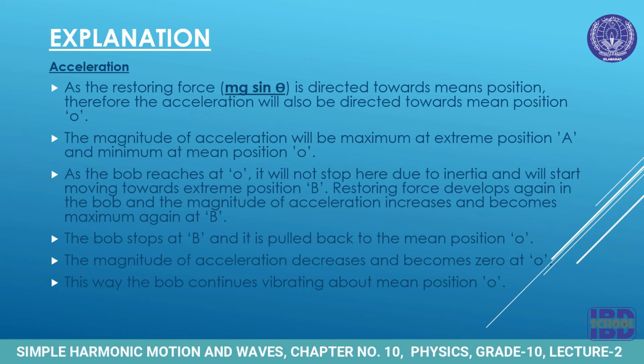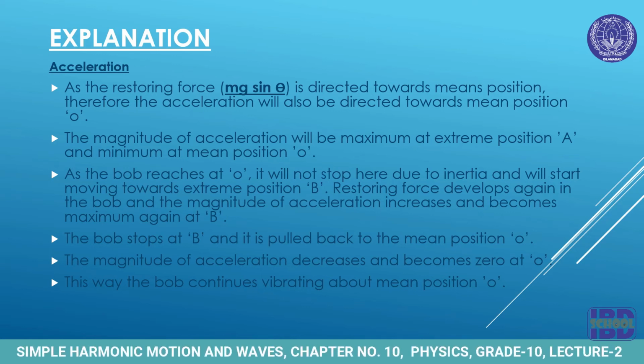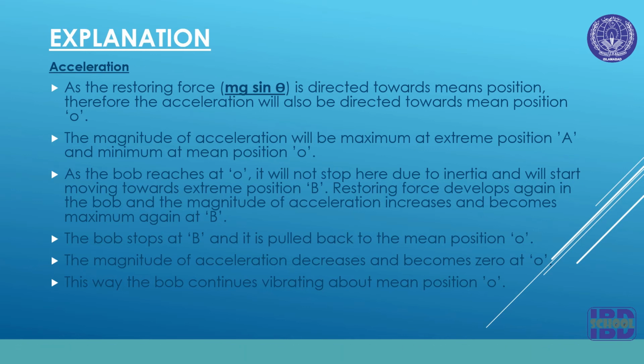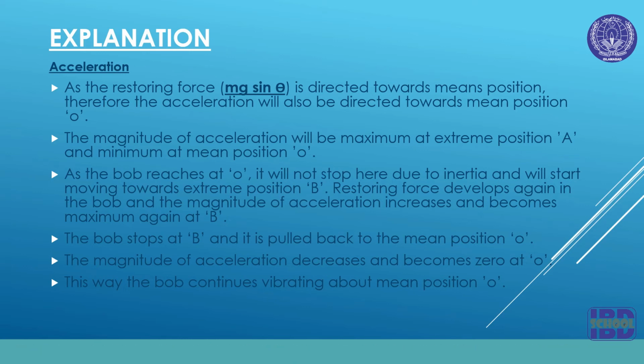Second point, the magnitude of acceleration will be maximum at extreme position A and minimum at mean position O. Why? Because as the body moves away from the mean position, its displacement increases, and displacement would be maximum at extreme position A. Therefore, acceleration produced in the body would be maximum.